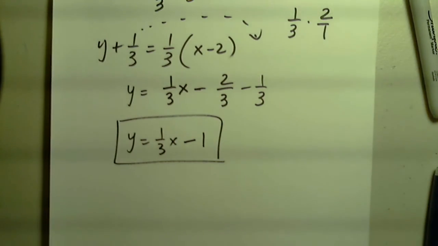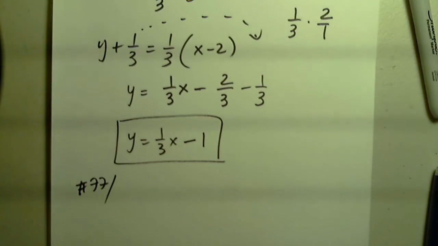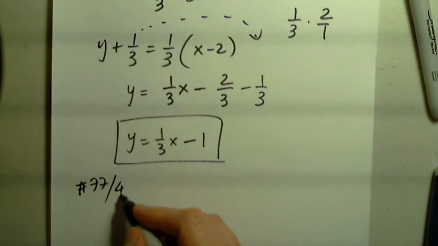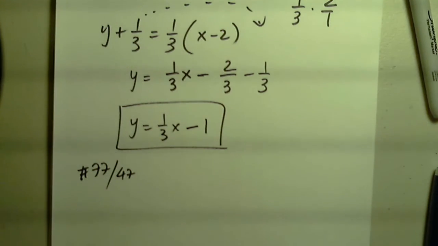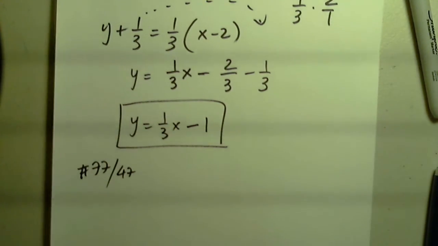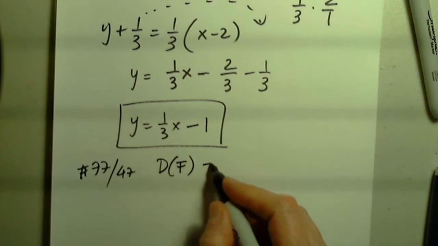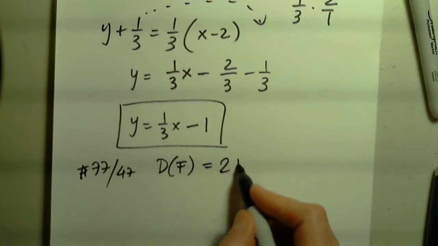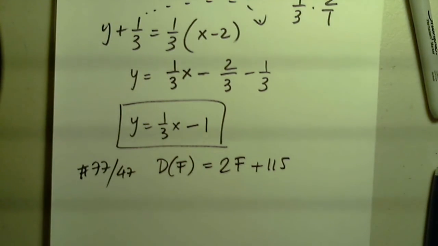Okay, so the stopping distance. And let me tell you the page number, 47. So stopping distance on glare ice. The stopping distance at some fixed speed of regular tires on glare ice is a linear function of the air temperature F. So distance as a function of air temperature is, according to this model, D(F) = 2F + 115.